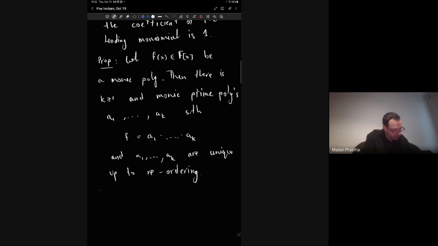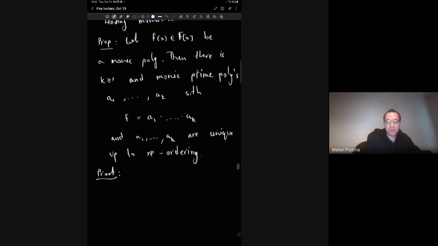So how do we prove this? Well, existence is basically the same argument as you do in integers. If f is not prime, then it is a product of two polynomials which are of smaller degree than f.